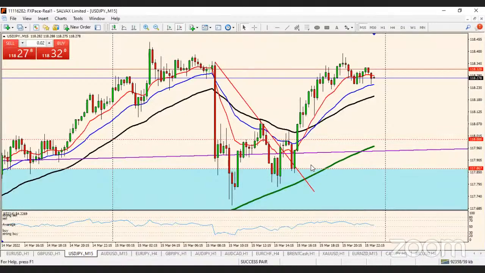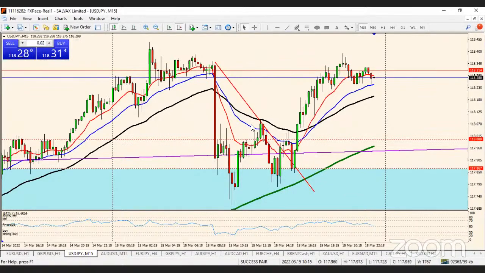Now, this double top, when you get to these key levels, or when the market is trending upwards, this market may show you a double top at some level. What you are seeing here is a key level.